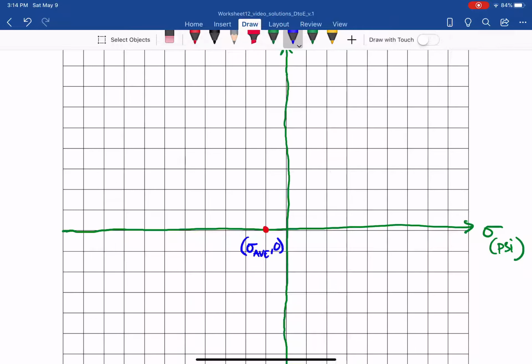Go to the left: 200, 400, 600, 800, 1000, 1200, 1300. And then you have here 200, 400, 600, 800, 1000, 1200, 1300. So that is the radius. Similarly, go up on the scale here.